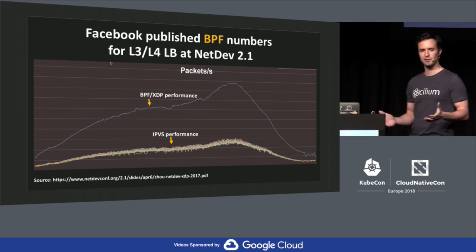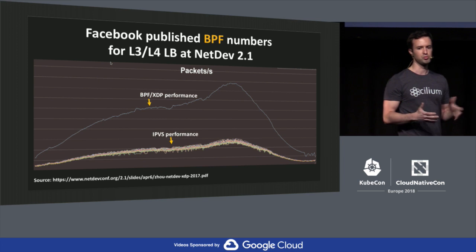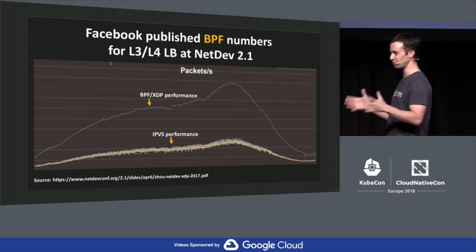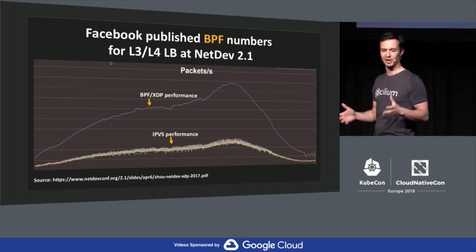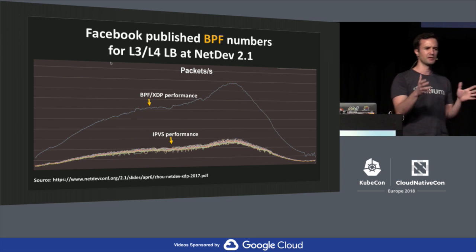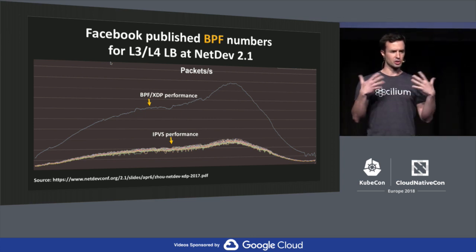And the performance difference with BPF was 10x, which was way too good to be true, so they've obviously repeated the measurements many, many times, just feeling like, are we actually measuring correctly? But the reason for these numbers is because BPF is kind of changing the game. First of all, BPF features a JIT compiler.